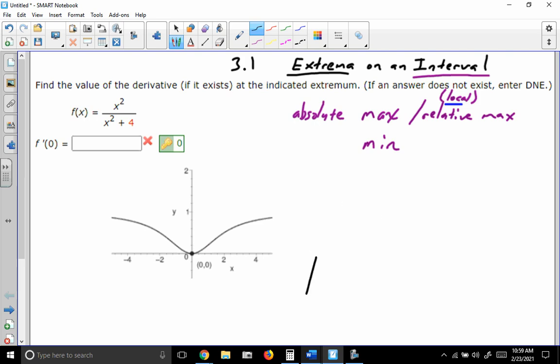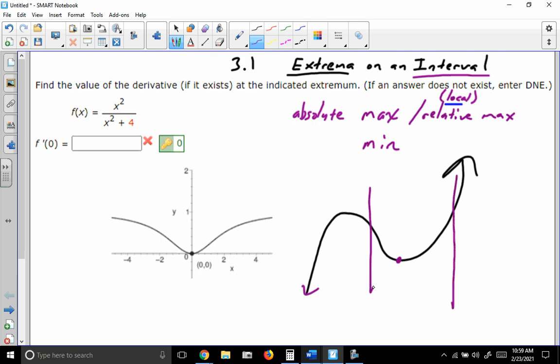So we might have this function, and this point, of course, is not the absolute minimum of the entire function, but if we restrict our interval to be, let's say, from A to B, whatever those x values are, then in this interval from A to B, this point is the lowest point.